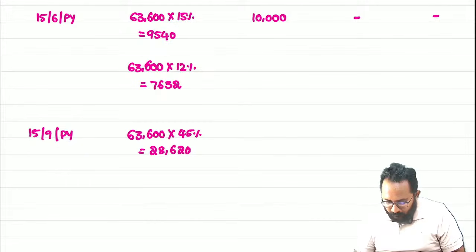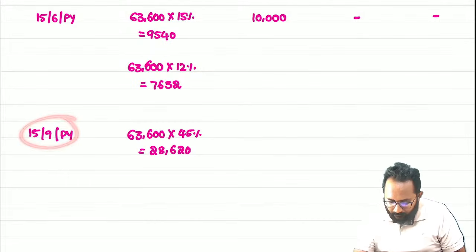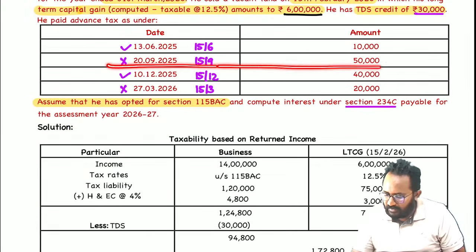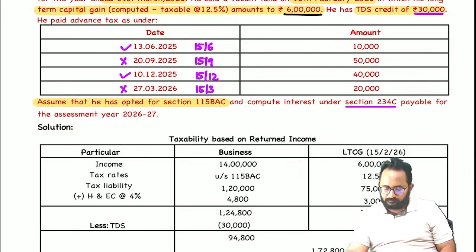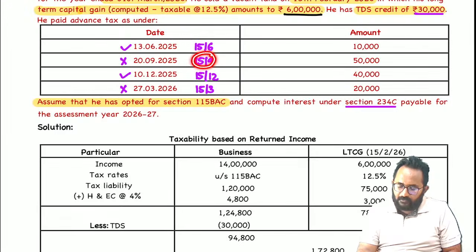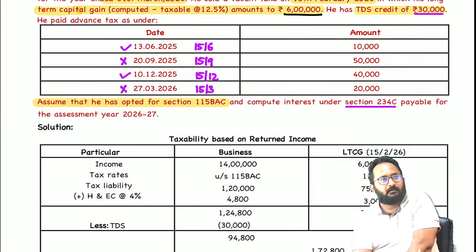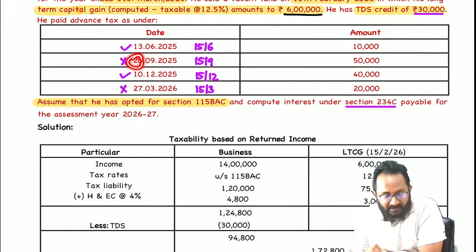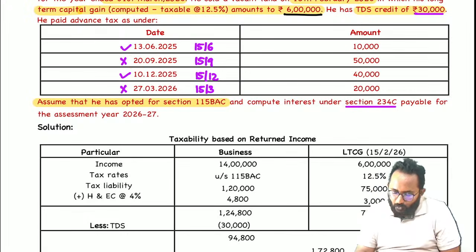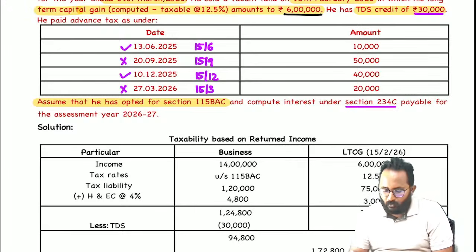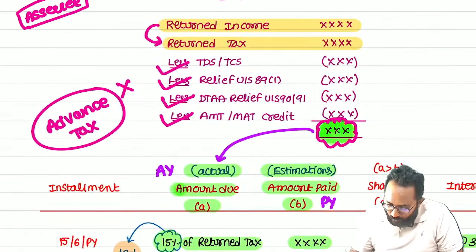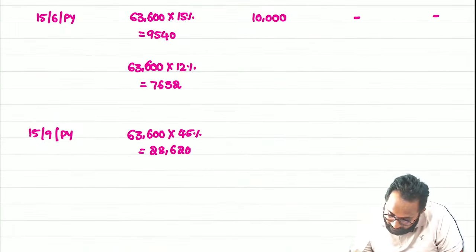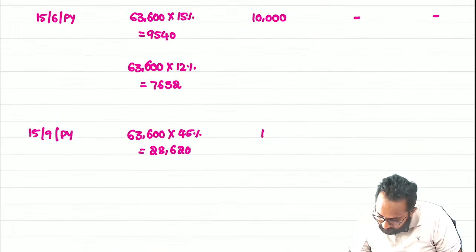Remember, before this date, how much did you pay? Before 15th September, you paid only 10,000. Remember, deferment is done, you have to pay. Before 15th September, you paid only 10,000.